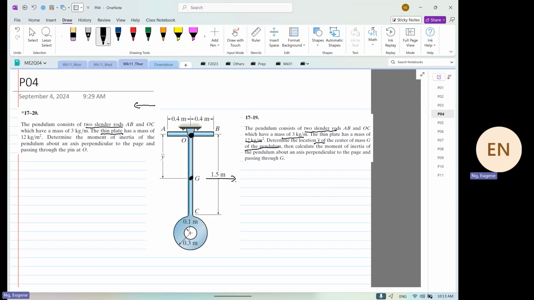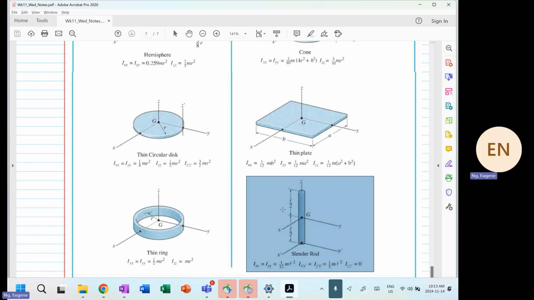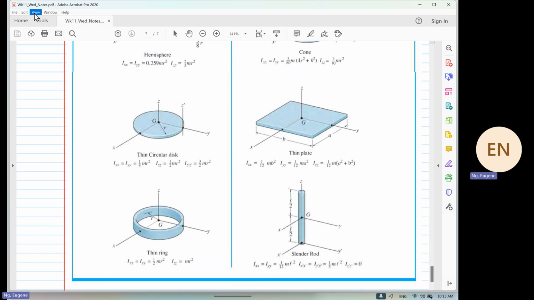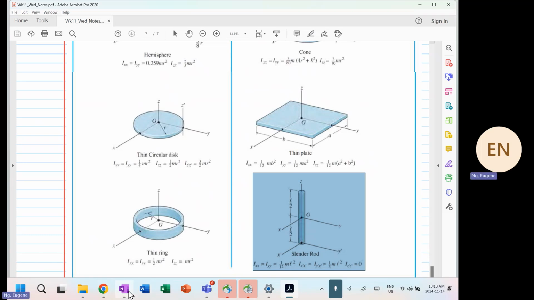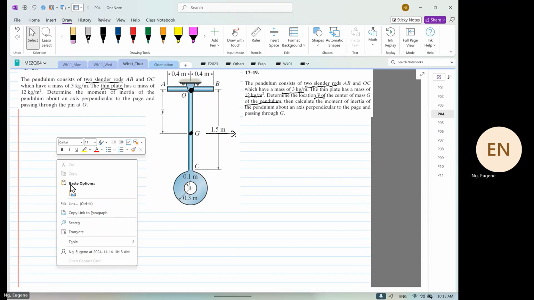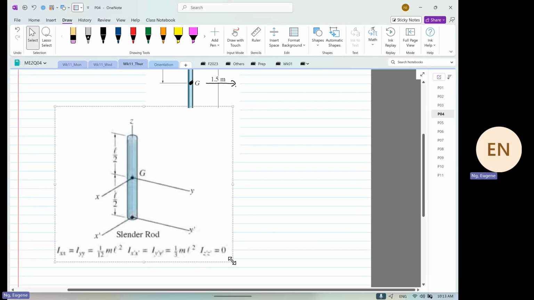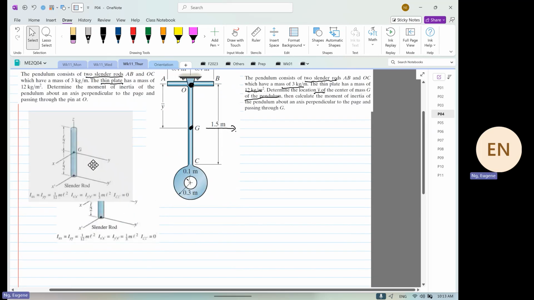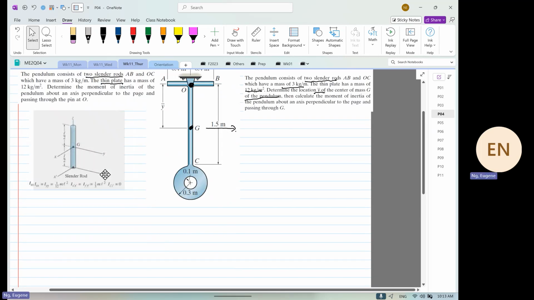Right, so we already know what the two structures are. One is a slender rod, so I'm going to copy this image and paste this diagram here. And then the next diagram we're going to use, it did highlight to us that these are thin plates.